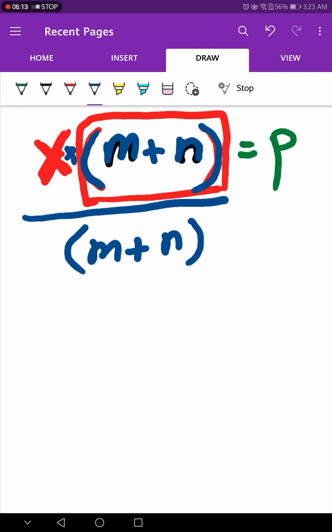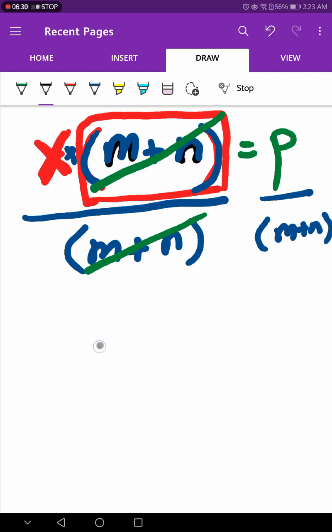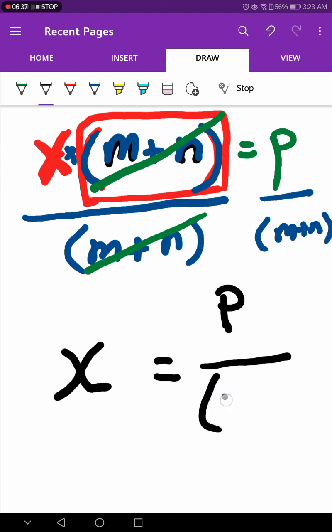Okay, and what I do in the left I have to do in the right. So cross or cancel m plus n, and here the x coming down alone and happy, and the right side will be p over m plus n.